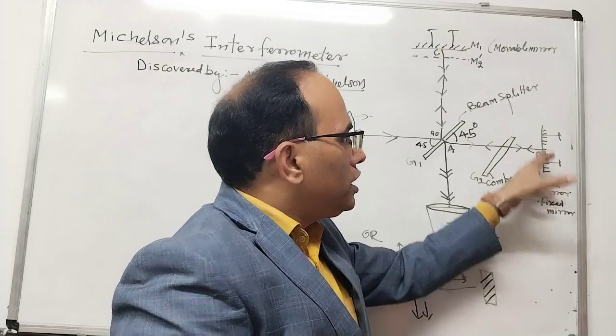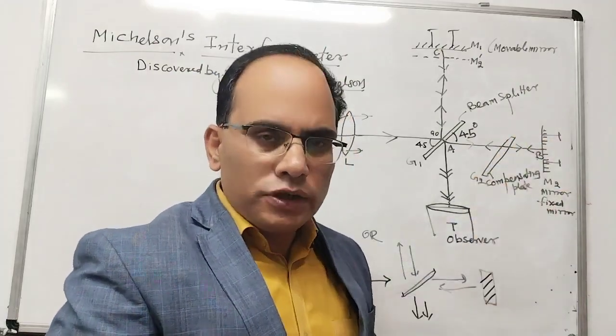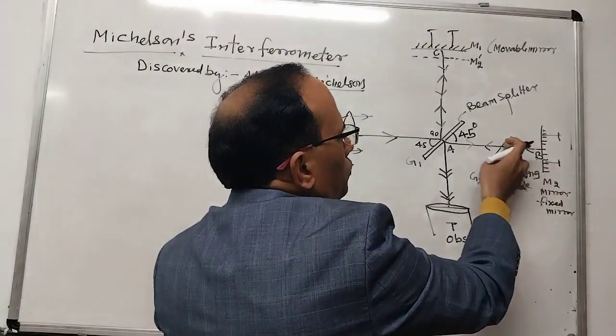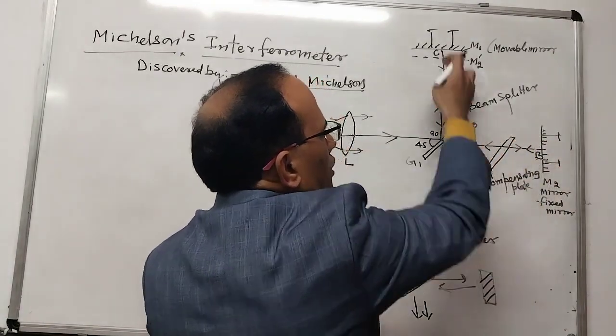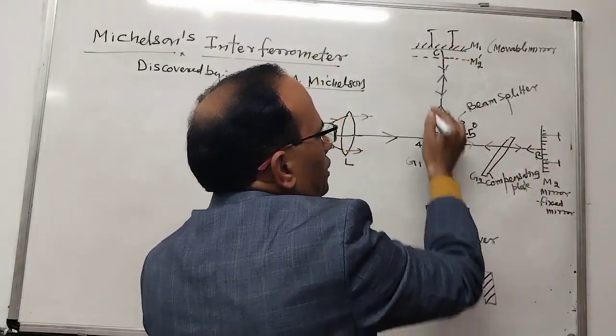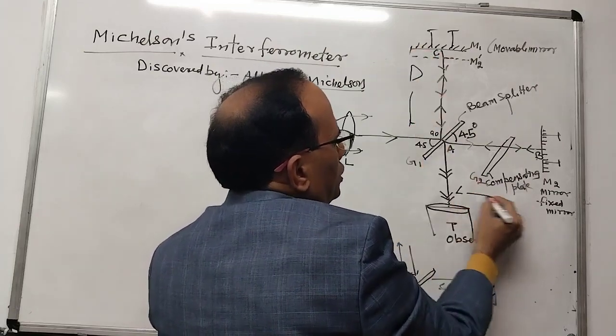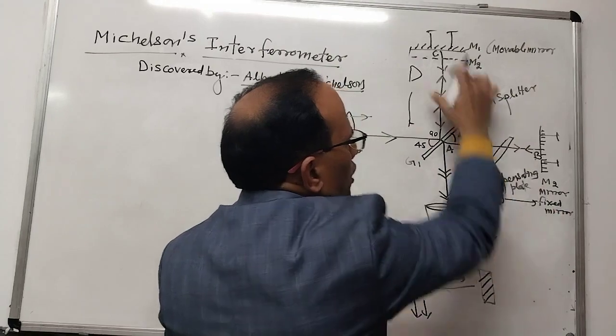Now because the mirrors are polished at the backside, they reflect, so the rays come back and recombine at point A. So remember, the distance should be equal. D is the equal distance, maybe 11.